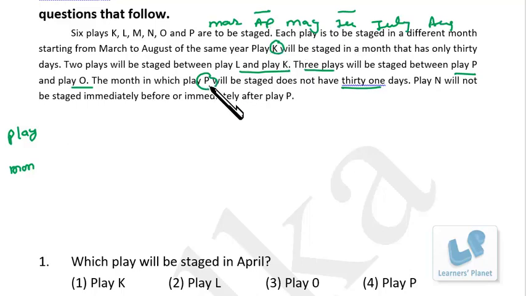But in case of P, we have a gap of 3 plays between P and O. So I can choose P to be in April, right? Then we can maintain the gap of 3 months, right? Otherwise, if I choose P in June, the gap of 3 months cannot be maintained, right? So P in April.